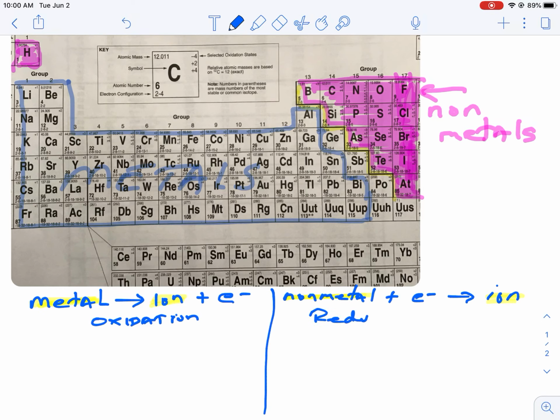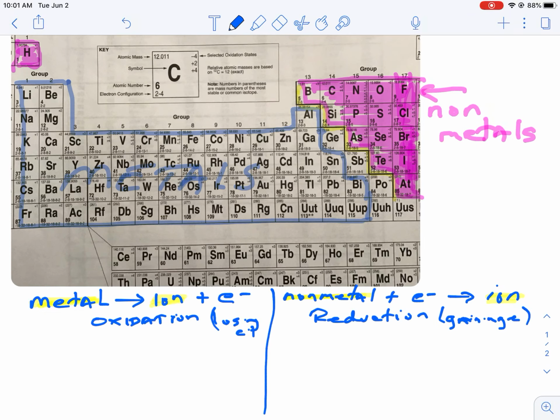Reduction applies generally to a nonmetal. You'll notice that in a reduction, you're gaining electrons. The electron gain is found, I've got to spell that right, gaining electrons. And in this one, we're losing electrons.